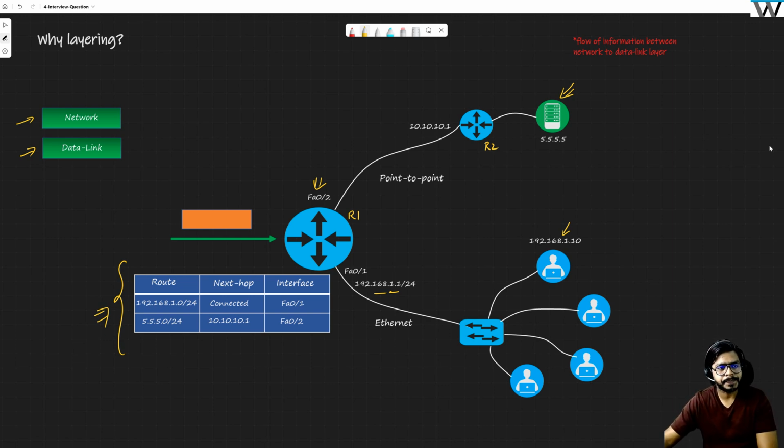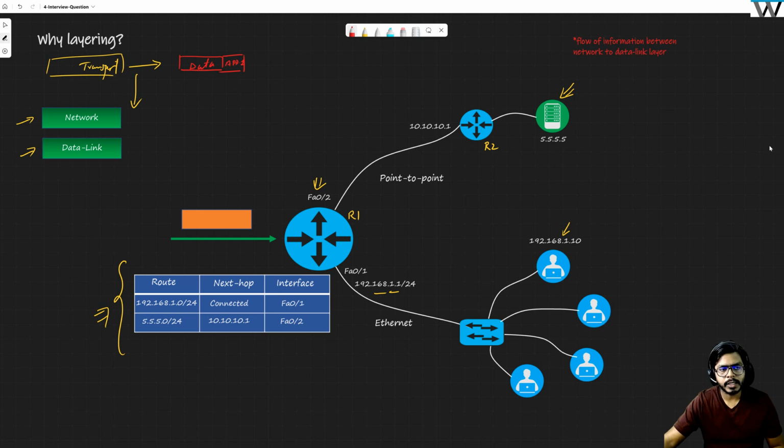Now, my question is, we are receiving some data from the transport layer, right? The transport layer has the responsibility to say, whatever data I am sending to the network layer, I am not sure how you are going to do this, but when you deliver this data, let me showcase it with the red pen, just make sure you deliver it to a particular application, and the application name is app1, say.